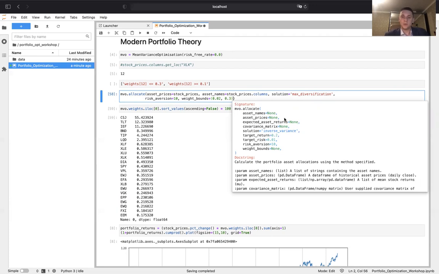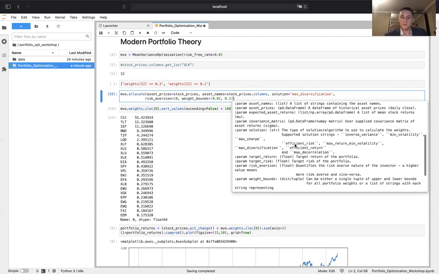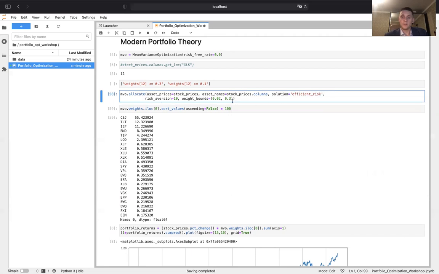So let's say that we would like to solve the problem of efficient risk and find the portfolio which yields, let's say, a target return of 10%. As we have discussed, for a target return of 10%, we find the portfolio which yields the minimum volatility.